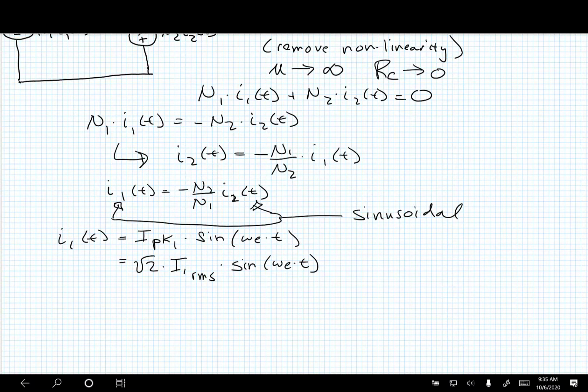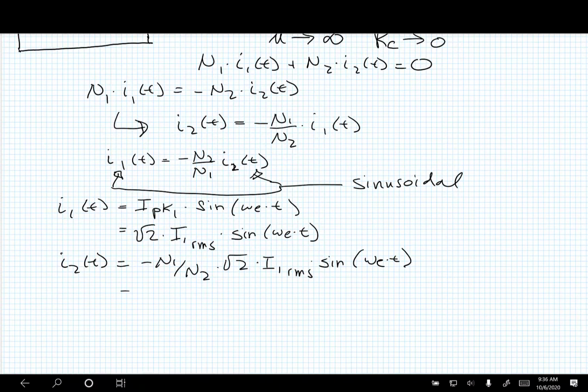Now if I have this expression up here, it would say that I2 of t has to be equal to negative N1 over N2 square root of 2 I1 RMS sine omega e t.